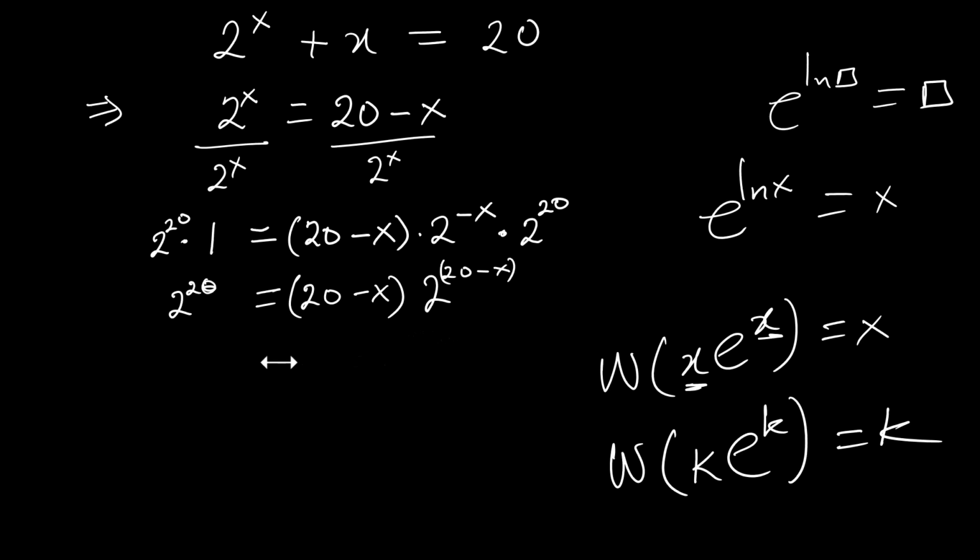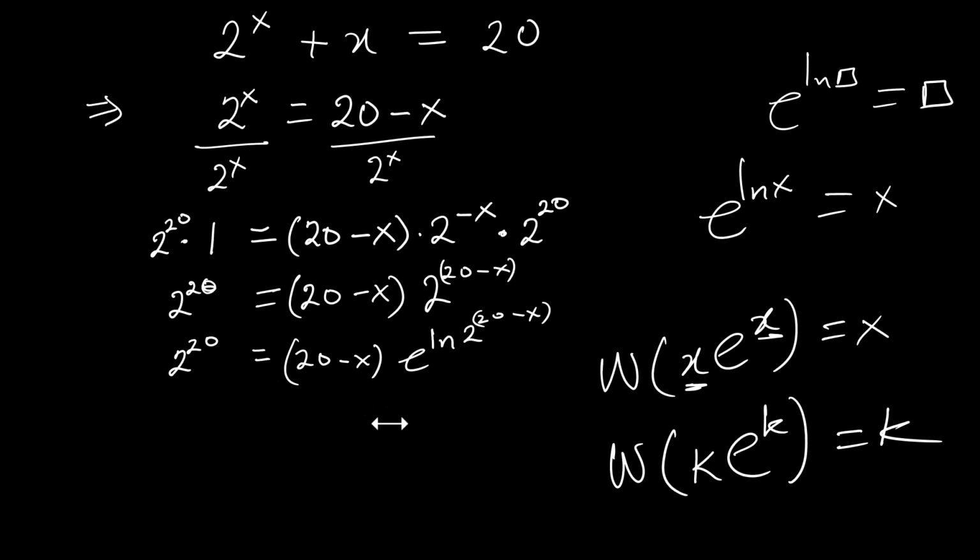So I'll write this 2 as e raised to the natural log of 2 raised to 20 minus x. When I go back, this e raised to ln will still give me 2 raised to 20 minus x, so I've done nothing to it.